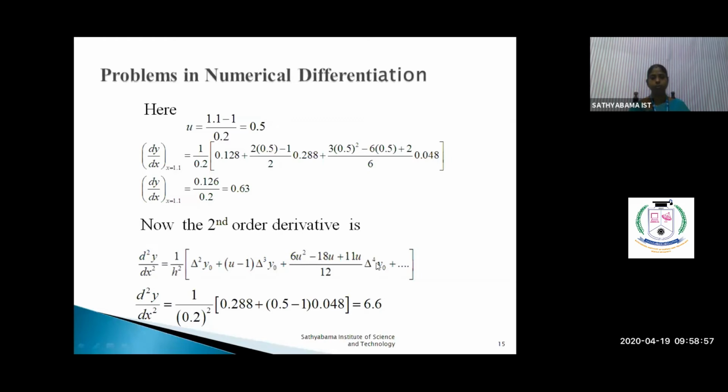And delta power 4 is 0, so we don't want to write this. Now that equation is 1 by h square, h is 0.2, the whole square, delta square y0 plus u minus 1 into delta cube y0. So the second derivative d square y by dx square at x equal to 1.1 is 6.6.